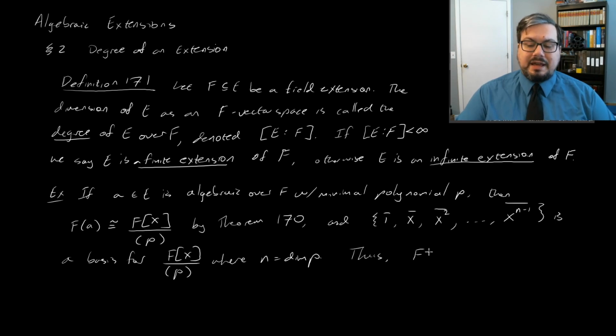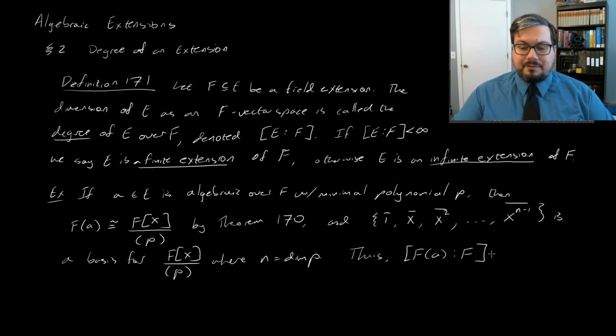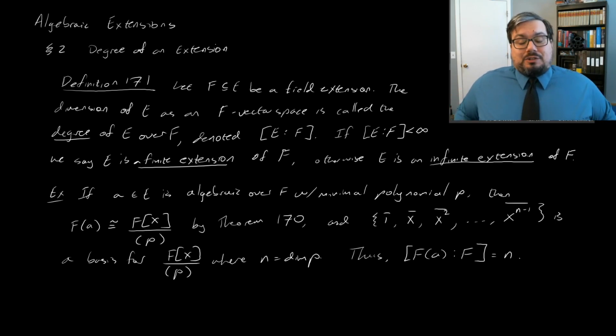Thus, in this case, we have that the degree of the extension F(a) over F is equal to n, because that is the dimension of the field F(a) as a vector space over F. So we're going to use this fairly often: if we have an algebraic element and we know that its minimal polynomial has degree n, then the field extension that we get by adding in a root of that polynomial has degree equal to the degree of that minimal polynomial.